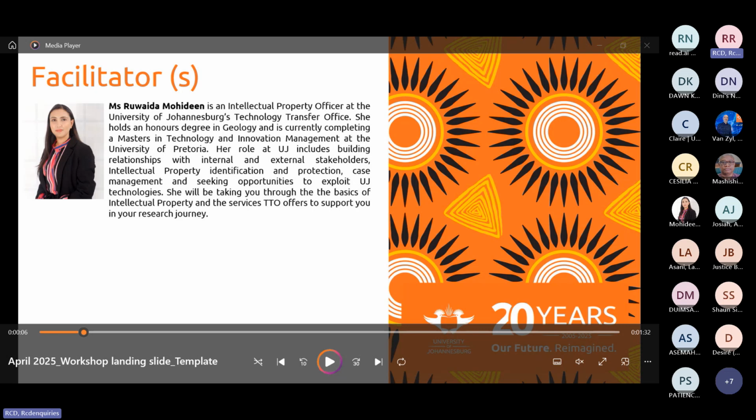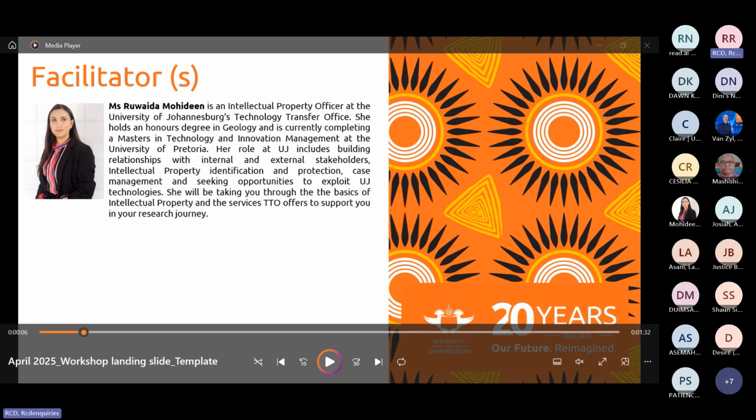Her role at UJ includes building relationships with internal and external stakeholders, intellectual property identification and protection, case management, and seeking opportunities to exploit UJ technologies. She will be taking you through the basics of intellectual property and the services TTO offers to support you in your research journey.